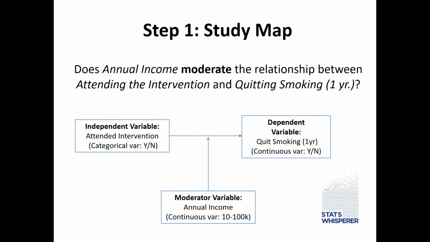There's all sorts of reasons to think income might impact quitting smoking. If you attend the intervention and you can't really afford the cigarettes, that might lead you to quit smoking faster. So we'll look at the moderating effect of income.